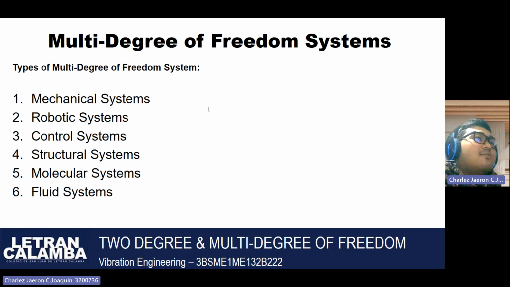Next is control system. Multi-degree of freedom systems refer to systems with multiple inputs and outputs. This system can be found in industrial processes, aerospace systems, and other complex control applications. Next is structural systems.